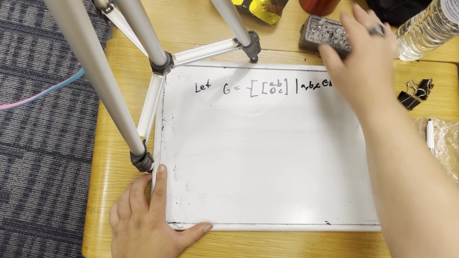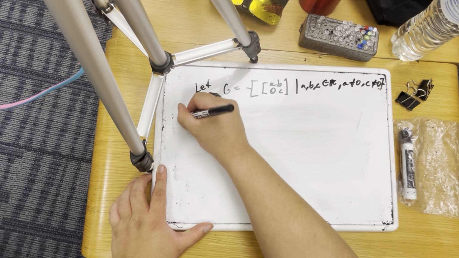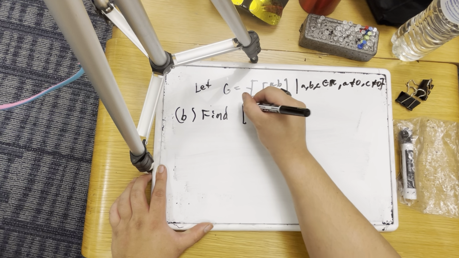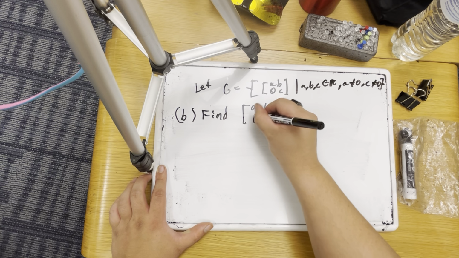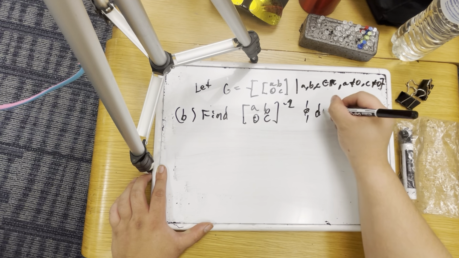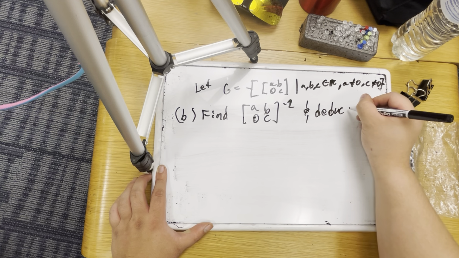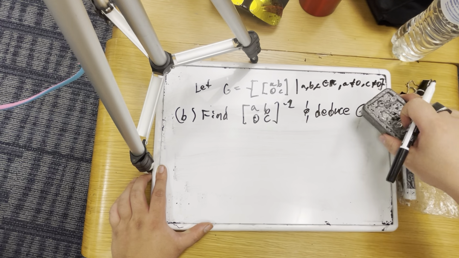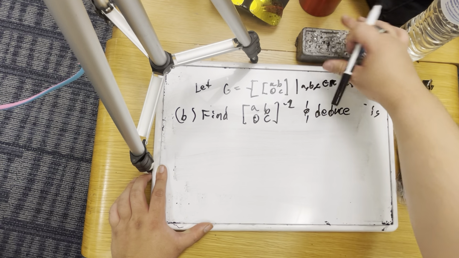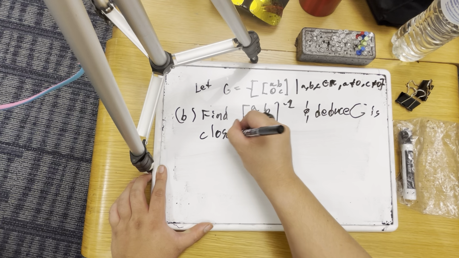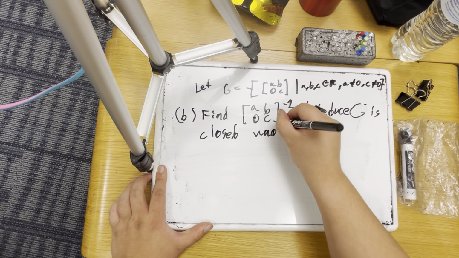And then for part B, we have to find the inverse of A, B, 0, C and deduce G is closed under inverses.